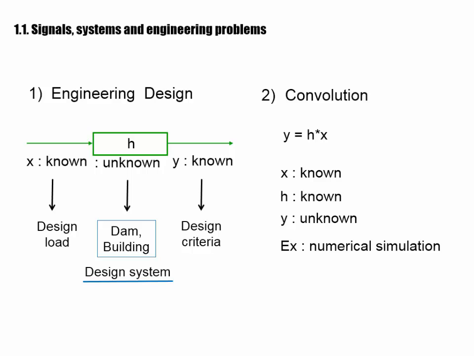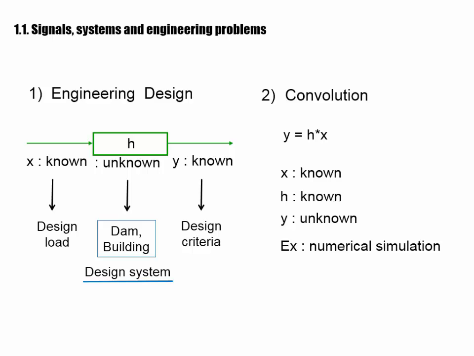So let's use the numerical simulation as an example. And you know the input parameter, the soil property, and H, you have like the dam structure or the geometry of the dam. And you want to find out the flow rate of the dam. Right? So using this numerical simulation, Y will be the flow rate. The unknown is the output.